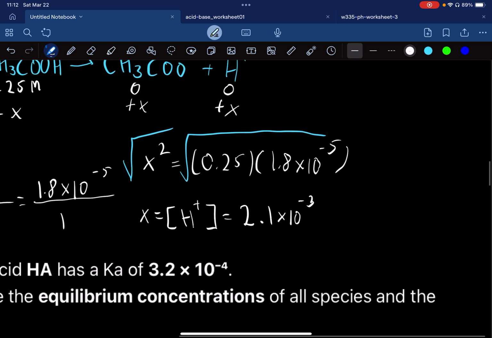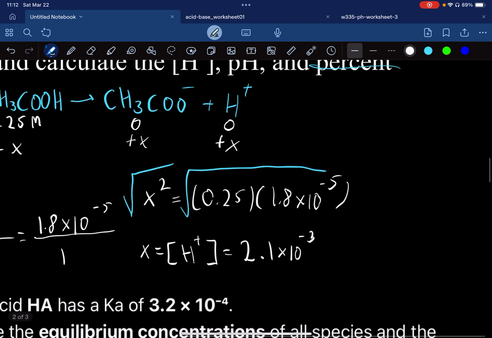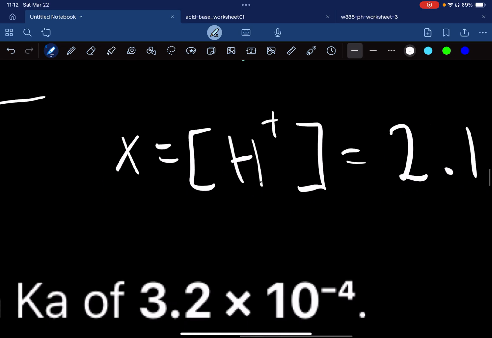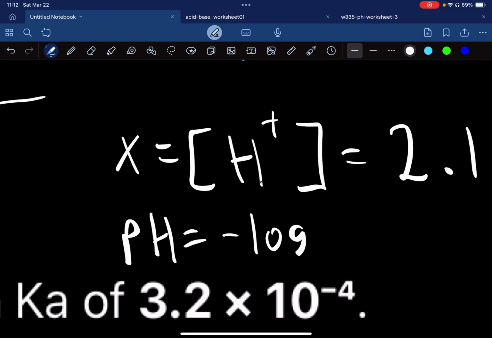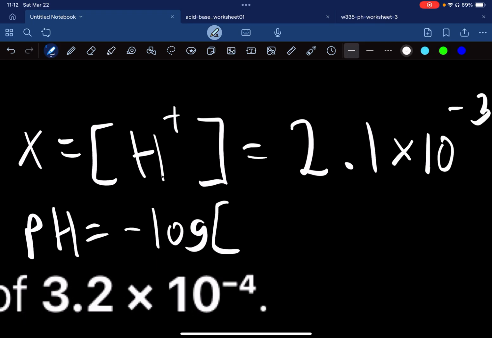Now we need to find the pH, right? Since we have the concentration of the hydrogen ion, we could just find the pH right now. So pH is equal to the negative log of the concentration of the hydrogen ion, which is 2.1 times 10 to the power of -3.